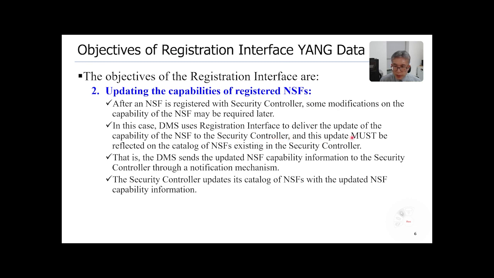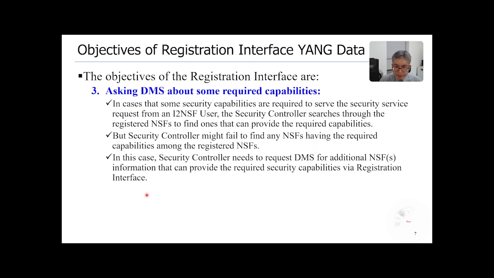And this update must be reflected in the catalog of NSFs existing in the security controller. That is, the DMS sends the updated NSF capability information to the security controller through a notification mechanism. Finally, the security controller updates its catalog of NSFs with the updated NSF capability information.